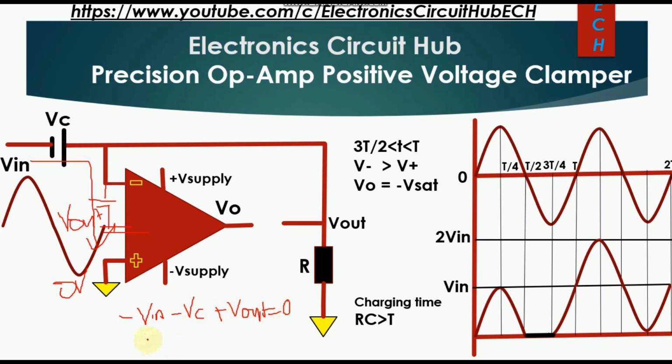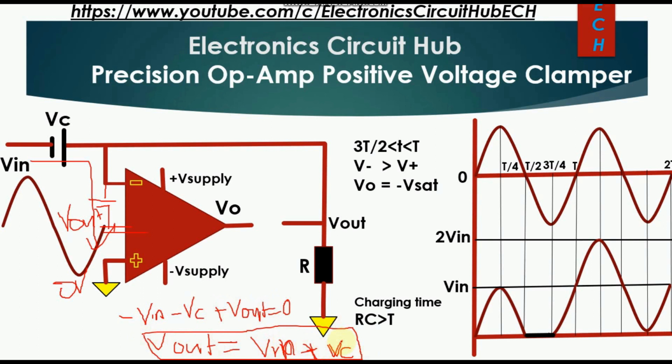And if you want to find V out, that means V out equals to V in plus Vc. So this is your final output. Your V out equals to V input signal plus voltage across the capacitor.